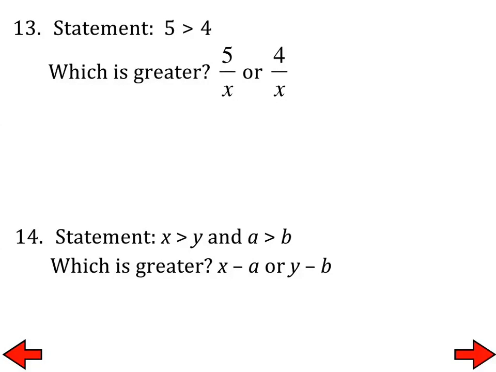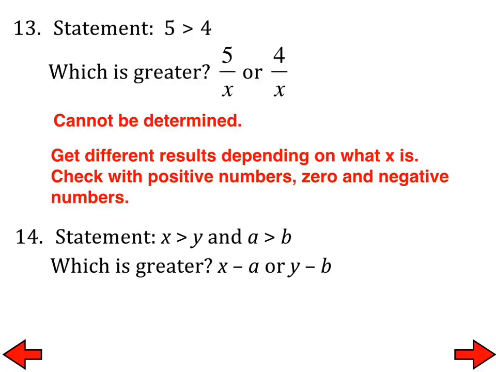Let's take a look at these last two of this type. Number 13, when I walked around, most of you totally understood that this one cannot be determined for the same reason as one of the previous problems. And then some of you struggled a little bit with number 14. You're wanting to make it like one of the previous problems, but the issue in this one is that yes, x is greater than y, but also a is greater than b.